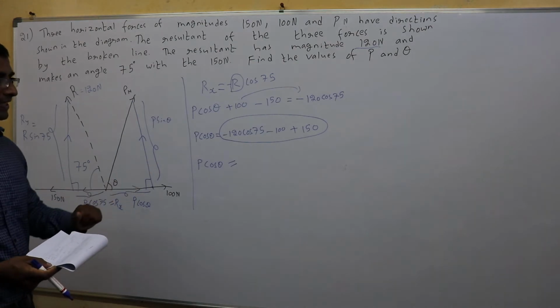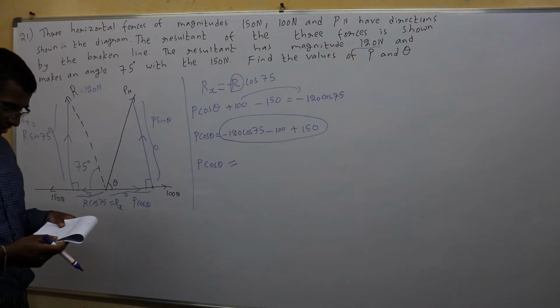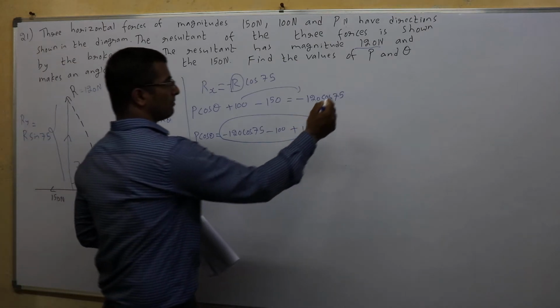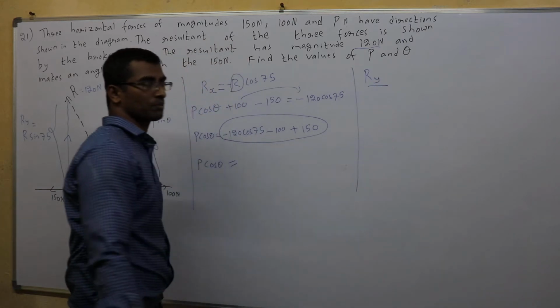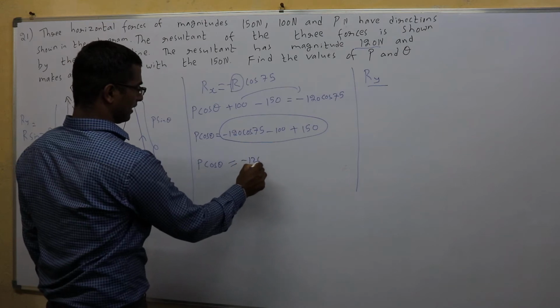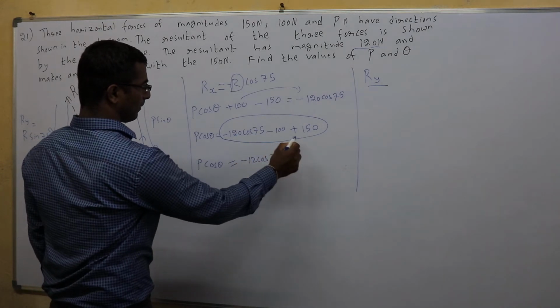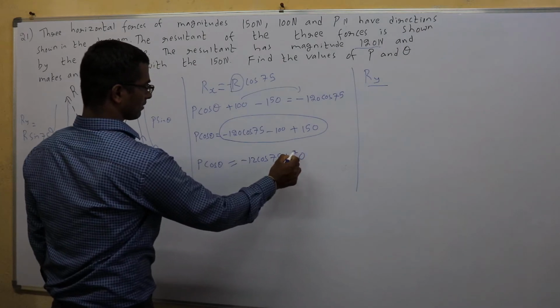let us leave it like that then. Leave it here. Now how much will I get for Ry? Let me leave it like this. It's minus 120 cos 75 minus 100 plus 150, which will be plus 50.